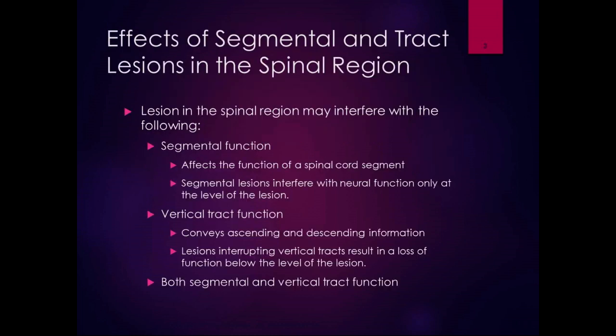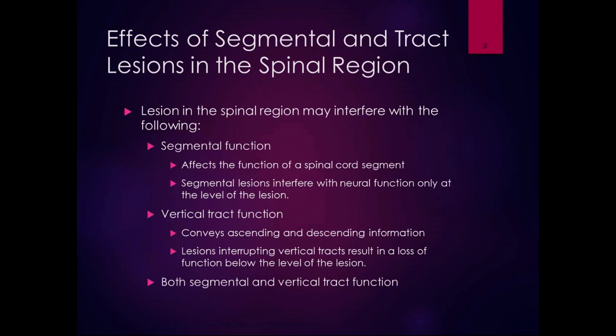So when we have segmental and tract lesions in the spinal cord, a segmental lesion affects an individual segment. Vertical tract affects the entire vertical tract. So a segmental lesion affects the function of a single spinal cord segment. Segmental lesions interfere with neural function only at the level of the lesion.